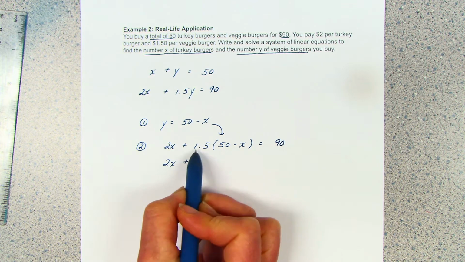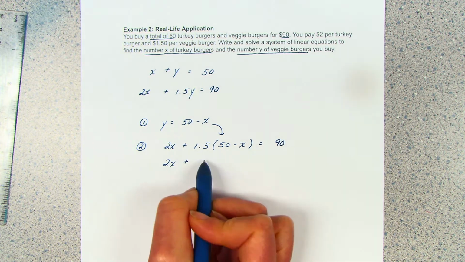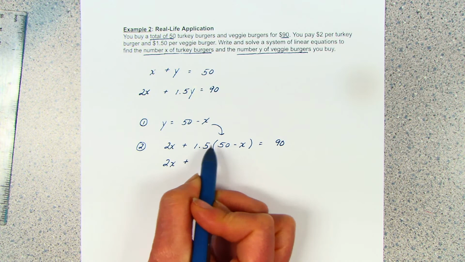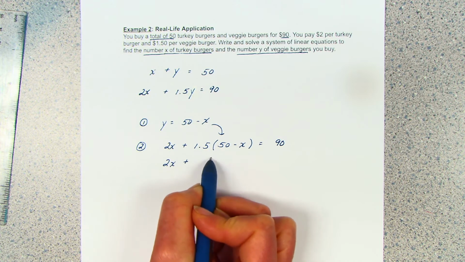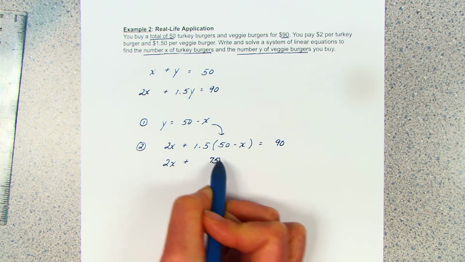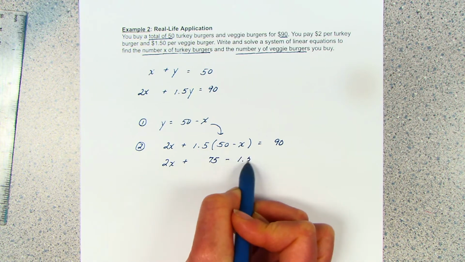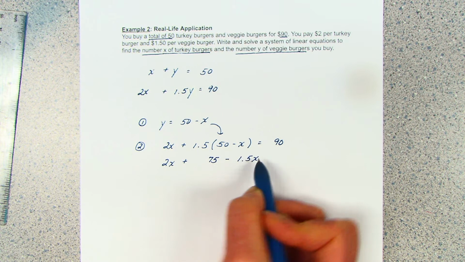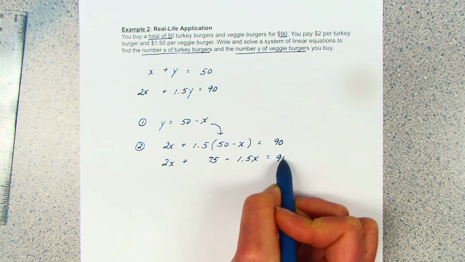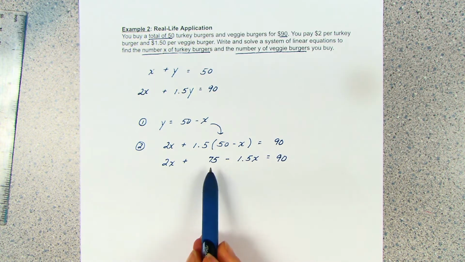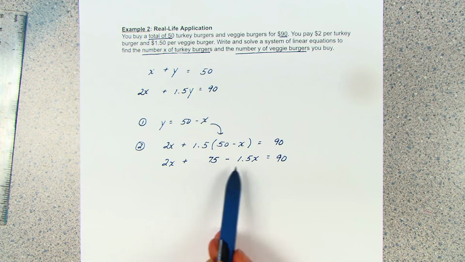2x plus, let's see, 1.5 times 50, that is, let's see, 150 is 50 and half of 50 is 25, so that's 75, minus 1.5x. Let's can do it in one step.